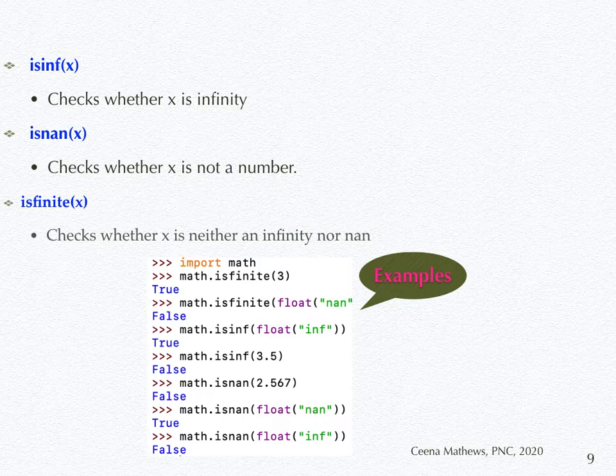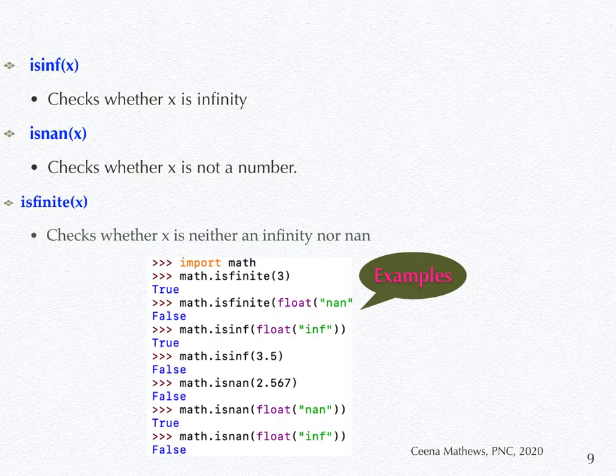So we are giving math.isinf of a float number, float infinity. You have to convert this string or constant into float first and then use it with isinf. Since this is infinity, it returns the result as true. If math.isinf is used with 3.5, which is a finite number, it returns the result as false.